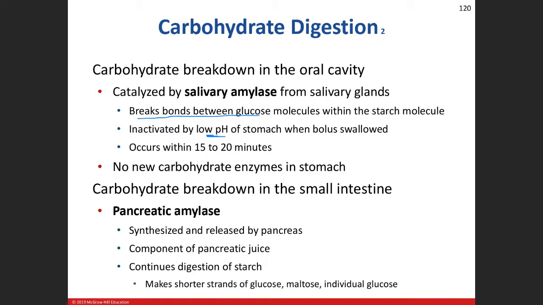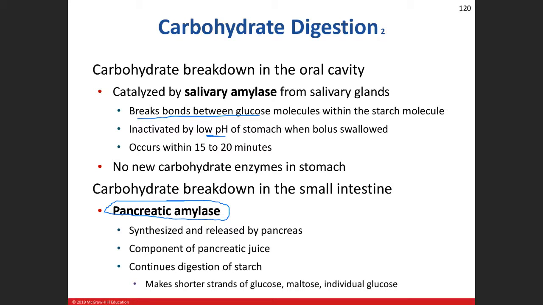And the big enzyme that's really going to help further break down those carbohydrates is pancreatic amylase. That's part of the pancreatic juice secretion that occurs when CCK stimulates the release of those enzymes. So basically, here's what's going to happen.